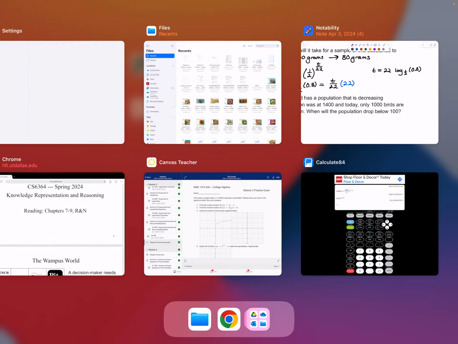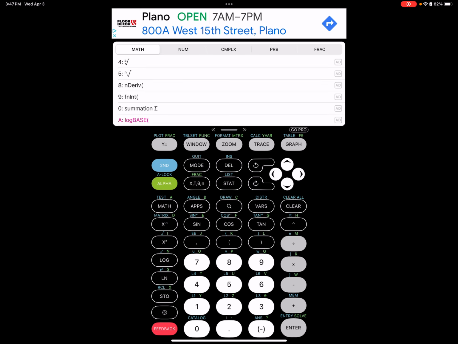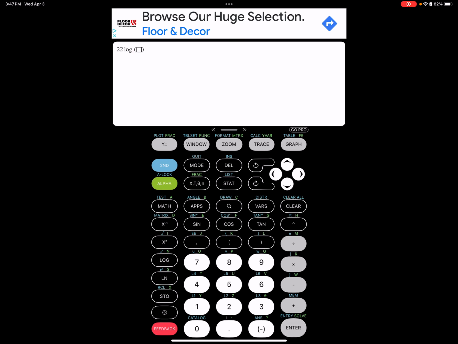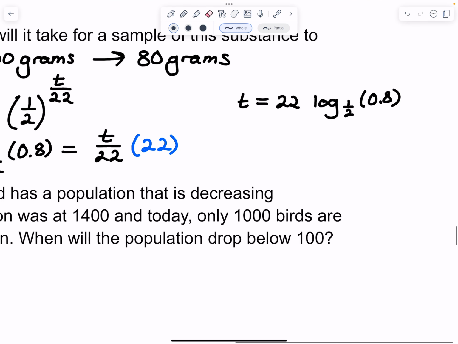To figure out what number this is, I can put it into my calculator. So I'll have 22, and then to put in log with a different base, you just go math and then scroll up until log base. And then I'll put in 1/2. So log base 1/2 of 0.8 is equal to 7.08. So this is roughly 7.08.